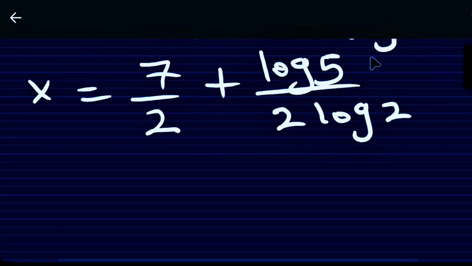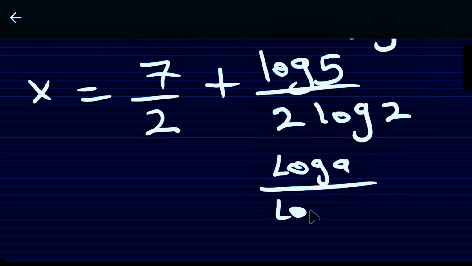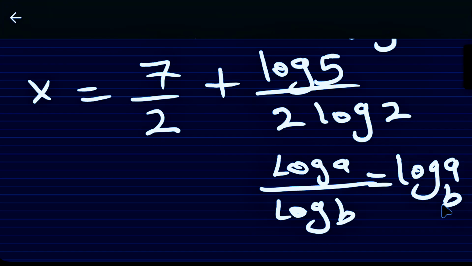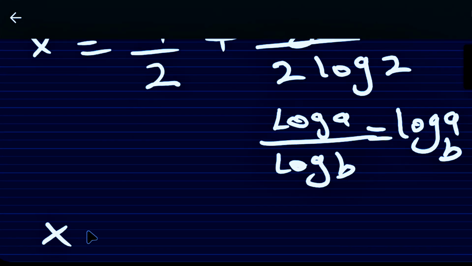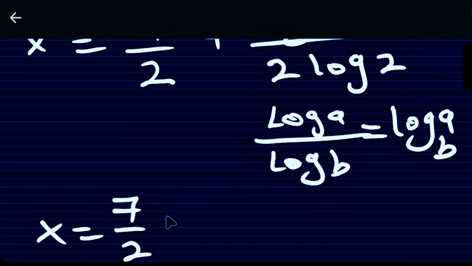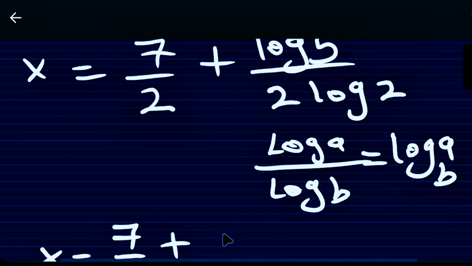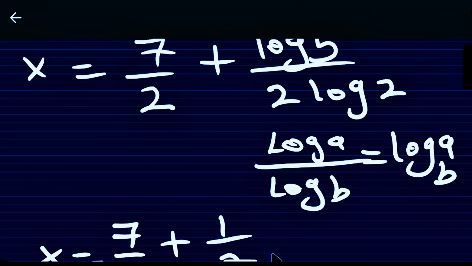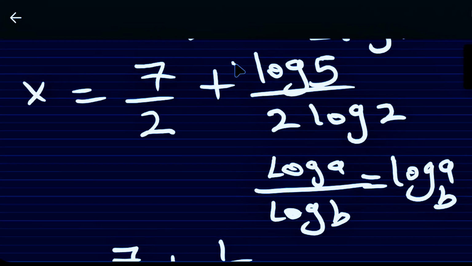Okay, now let's apply this rule. If you have log a divided by log b, this equals log a base b. So if we apply the rule here, we are going to have x equal to 7 divided by 2, then plus 1 divided by 2. Okay, there should be 1 here. 1 multiplied by this will be 1 again.